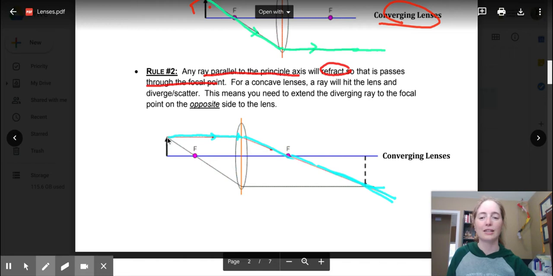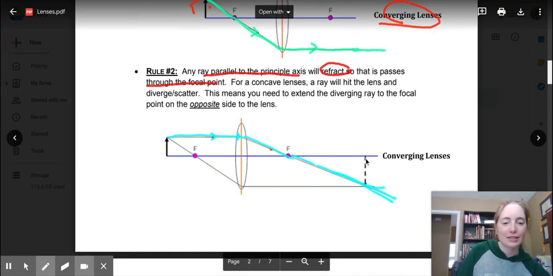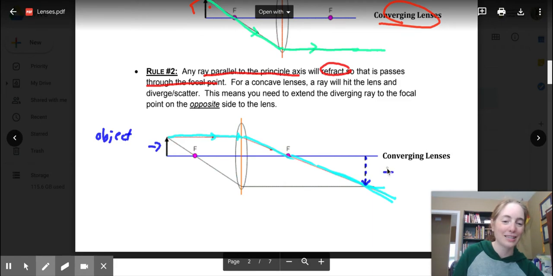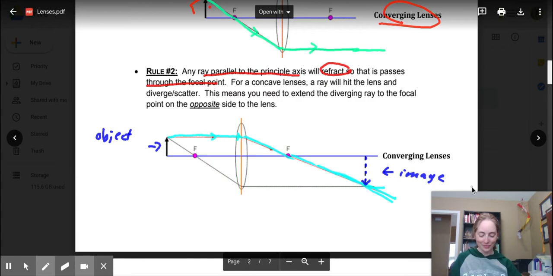So because we had our rays starting from the top of this image, that means that this is going to be where the top of our image is actually going to be. The rays come from the top of the object, and where they converge is going to be the top of the image. So this here is our object, and we tend to use arrows to infer what our object is, and that is going to be our image.